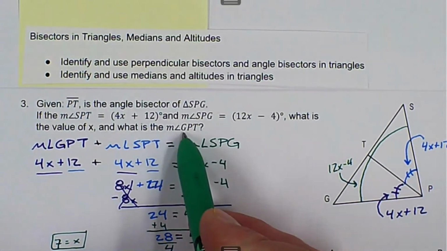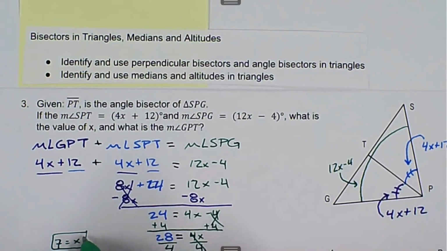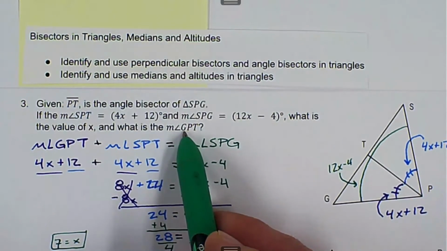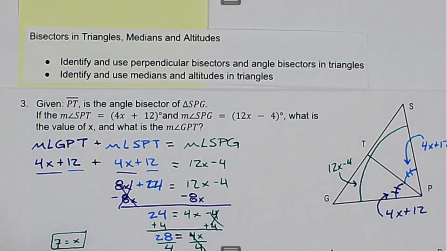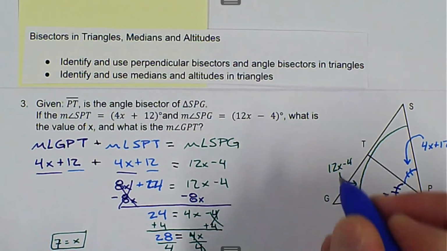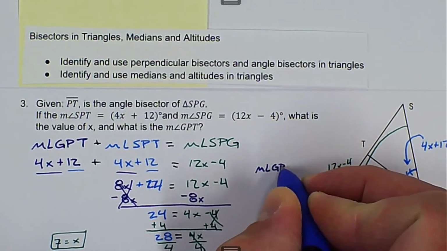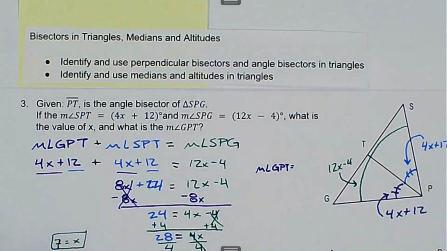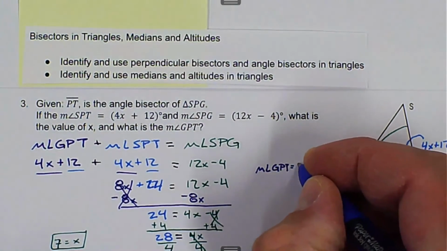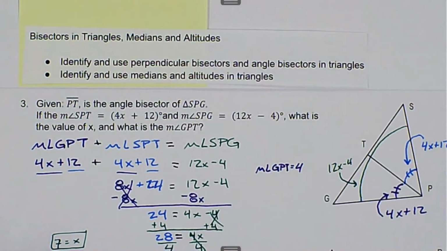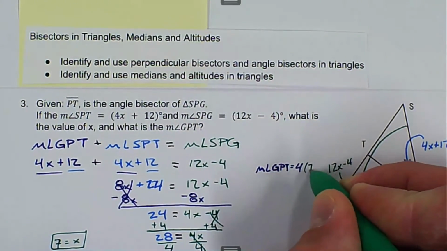Now the question wants us not only to find x, but it also wants us to find the measure of angle GPT. So the measure of angle GPT is equal to 4 times our x value, which is 7.